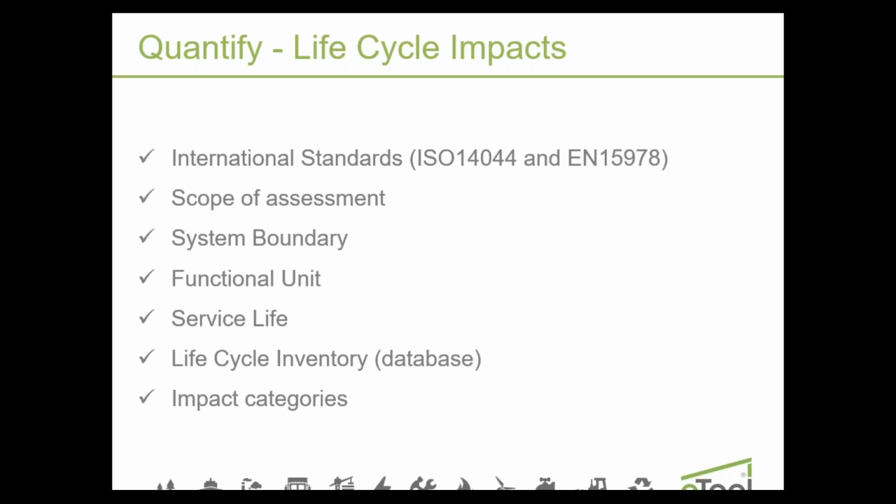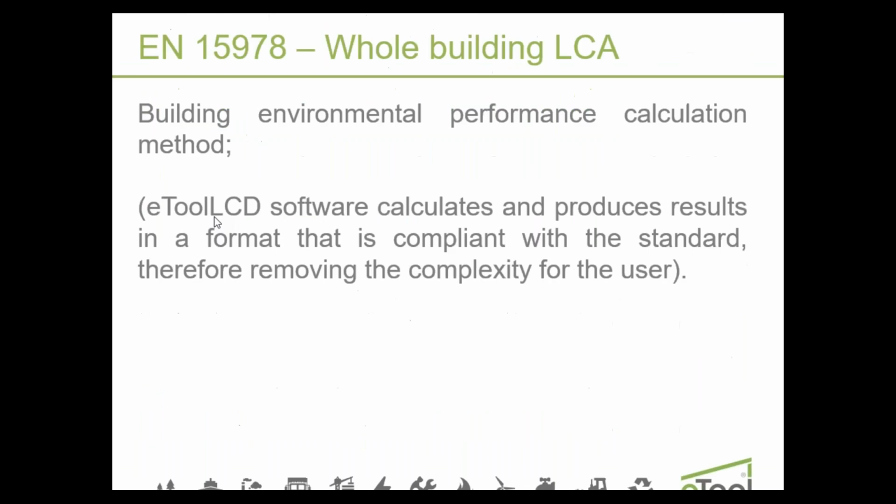Secondly, we need to understand the scope of assessment, so how much of the product or a building you would like to assess. You need to define this system boundary. You need to define functional unit, service life. You need to look at database, lifecycle inventory, and impact categories. So we'll cover all of this shortly in the next couple of slides.